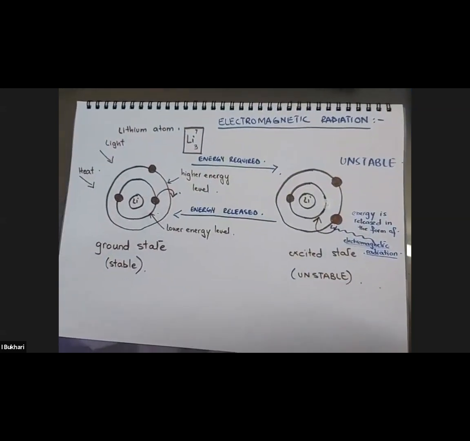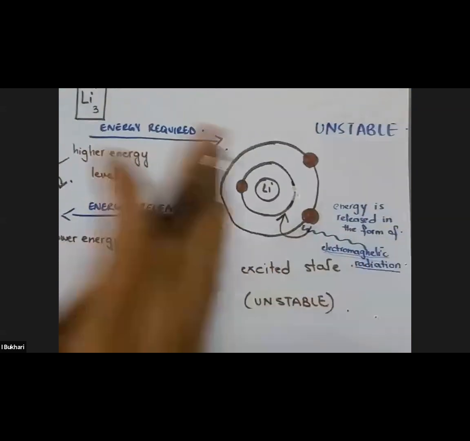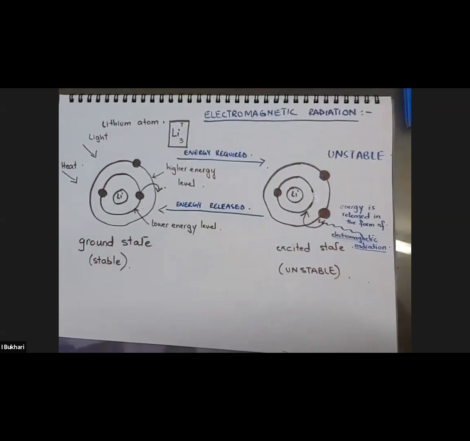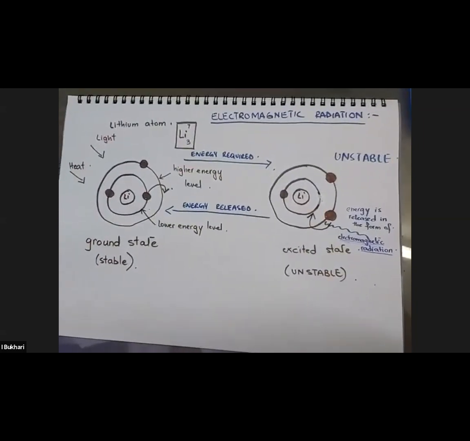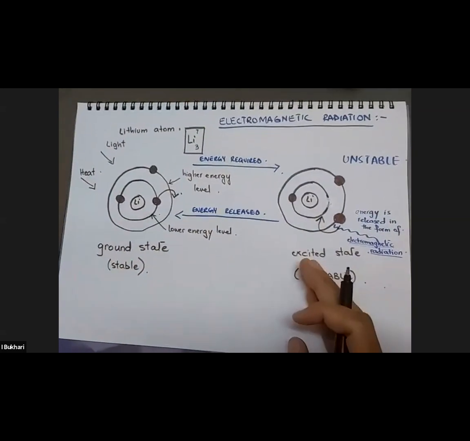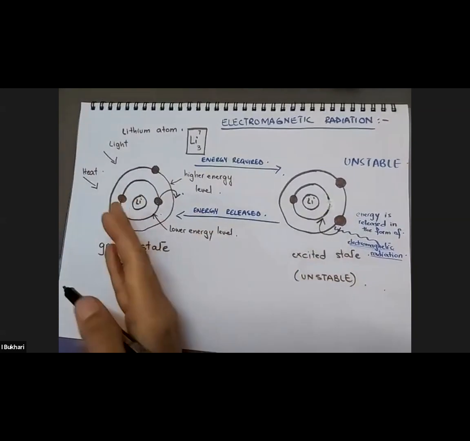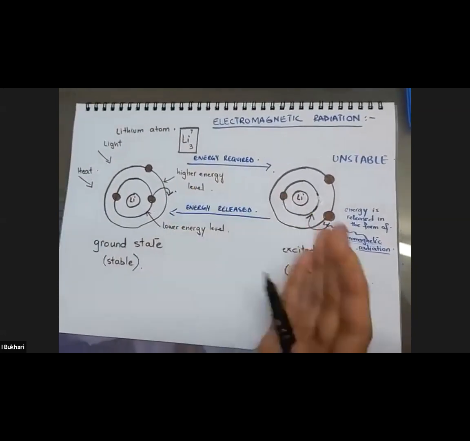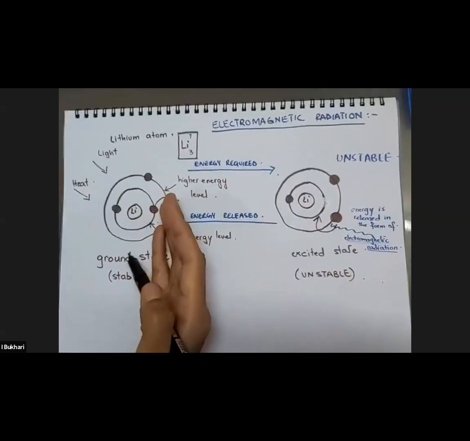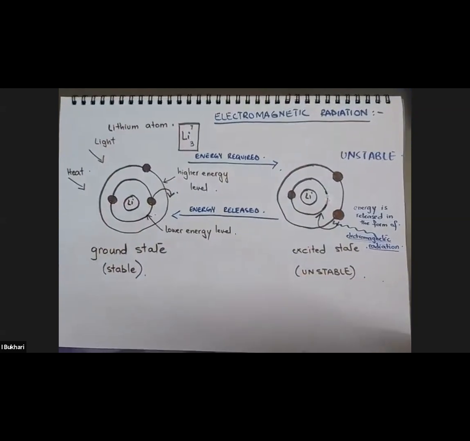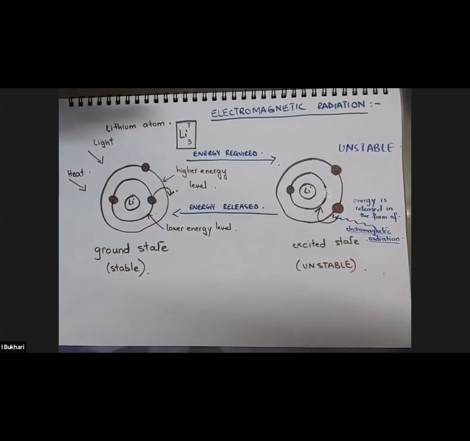Okay, don't have to go into too many details of it, but knowing this much will be helpful, because I don't want you to just blindly rote learn. So understand what's happening in electromagnetic radiation. The electrons are getting excited, jumping onto higher energy levels. And when they jump back to their original level, the energy released is called electromagnetic energy or radiation, right?